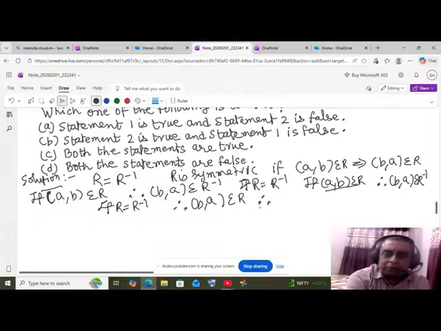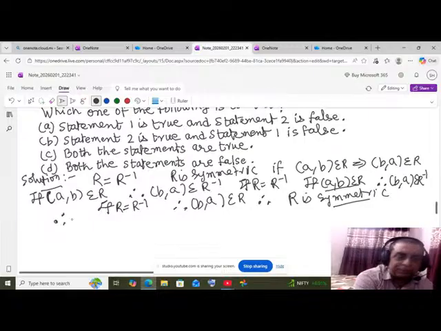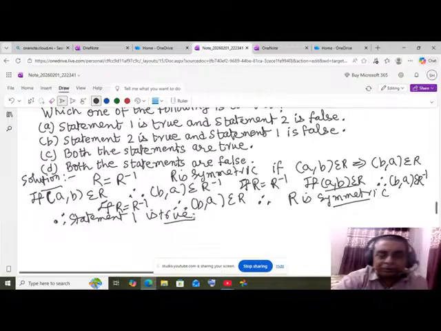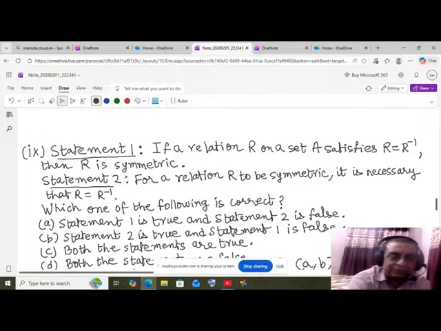Now because R equals R inverse, BA is an element of R. Therefore the relation R is symmetric. So statement 1 is true.